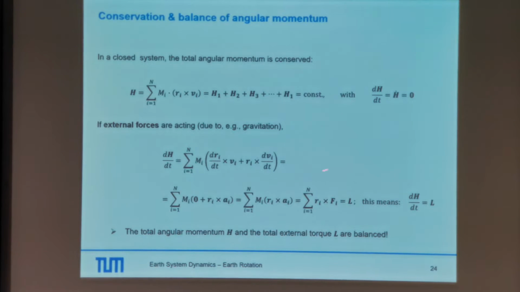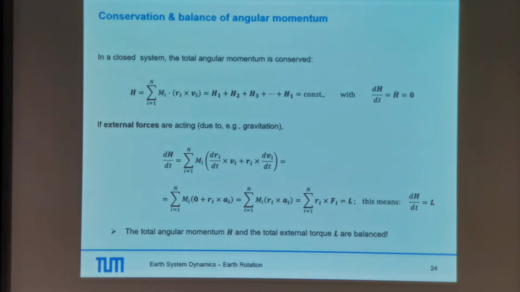So finally we have this equation, where the temporal variation of the angular momentum is equal to the sum of the cross product of each individual mass element with the force acting on this mass element. This is equal to capital L, which means that the temporal variation of the angular momentum is equal to L, and L in this equation means the total external torque.